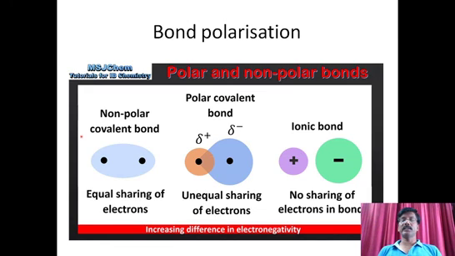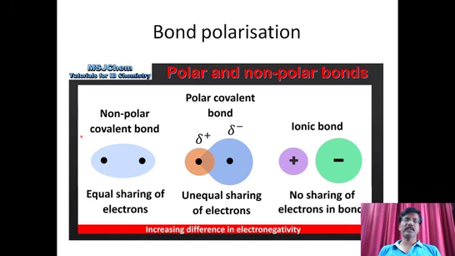On the right side, you can see two ions are formed. The electron cloud is completely shifted to one atom, which gets a complete negative charge, and the remaining atom gets a complete positive charge. Such a combination is called an ionic type of combination. It is also a bond, but it exhibits ionic nature. Therefore, this is called an ionic bond. You can call it a completely polarized bond.